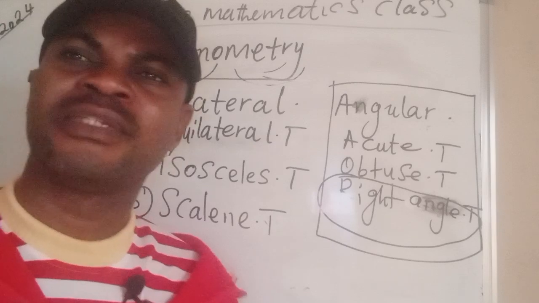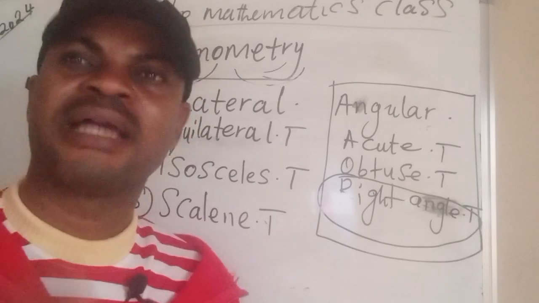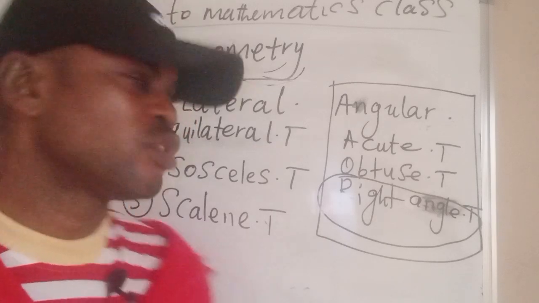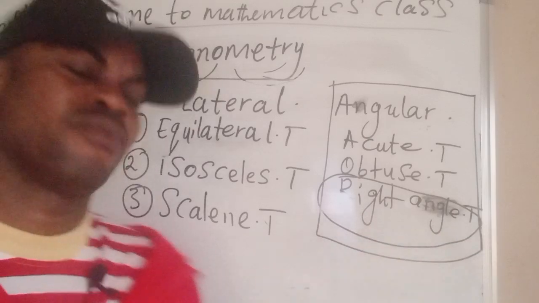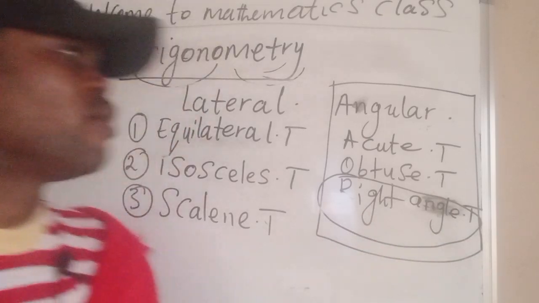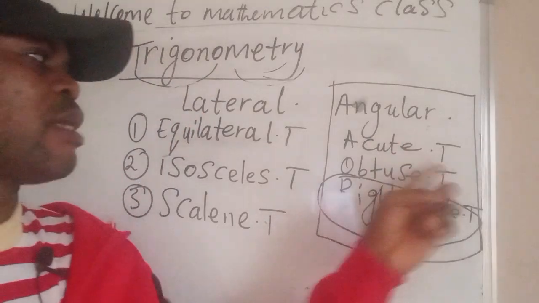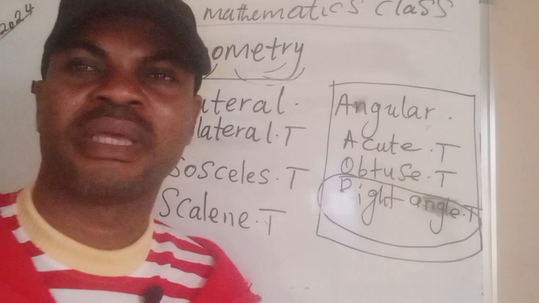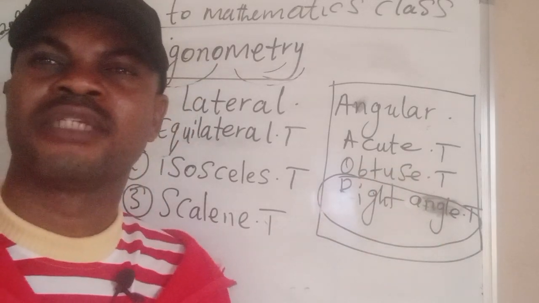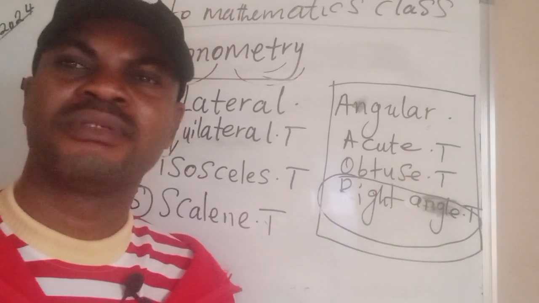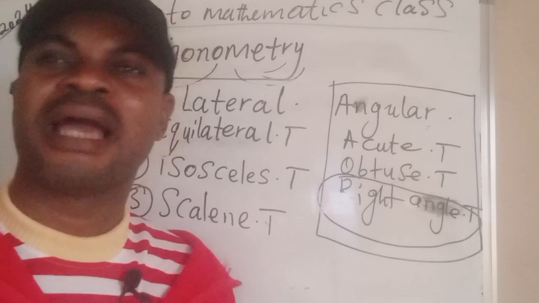But the same Pythagoras theorem, which can be used to resolve only right angle triangle, cannot be used to resolve an acute triangle or obtuse triangle. This is where we're going to focus our attention, talking about the obtuse and the acute.